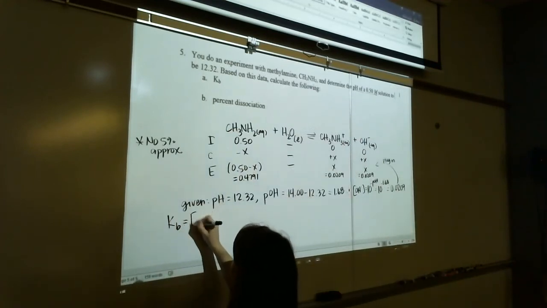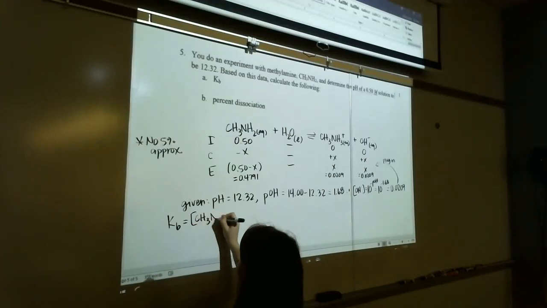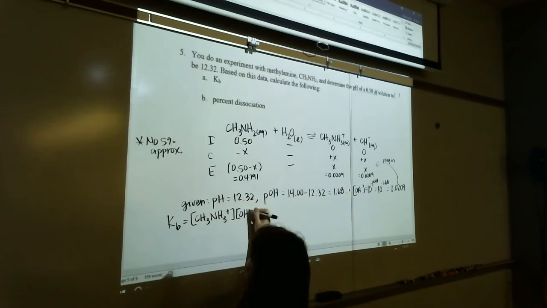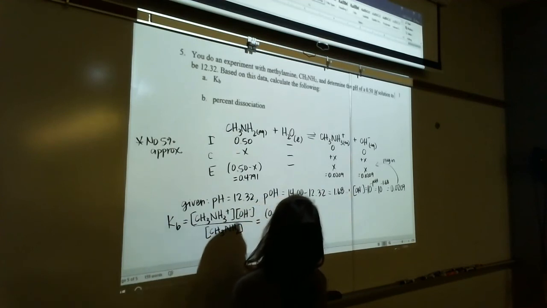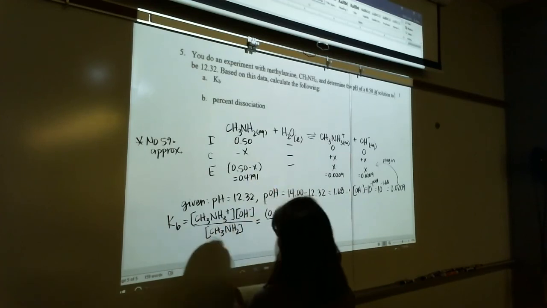All right, so Kb, therefore, would be CH3NH3 plus times hydroxide over CH3NH2. This value and that value are the same, so 0.0209 squared over 0.4791.